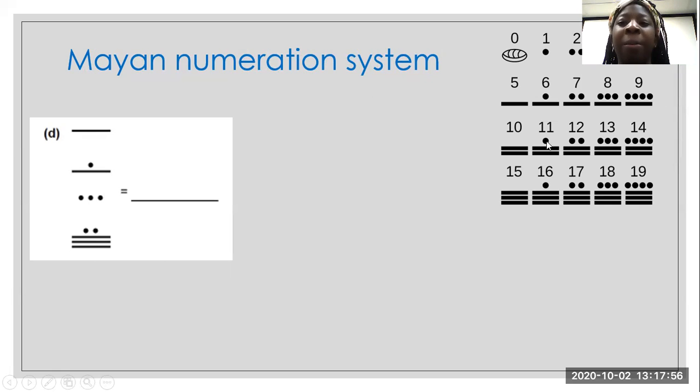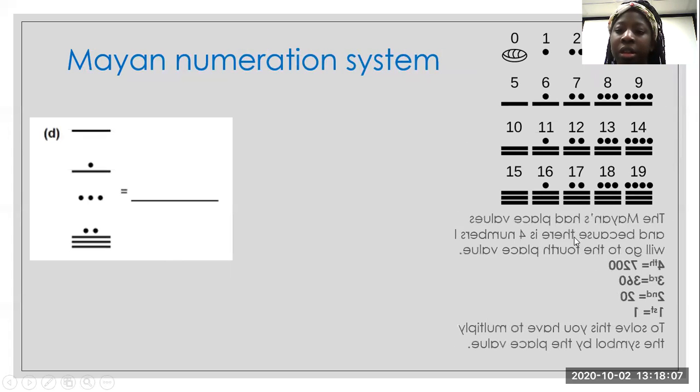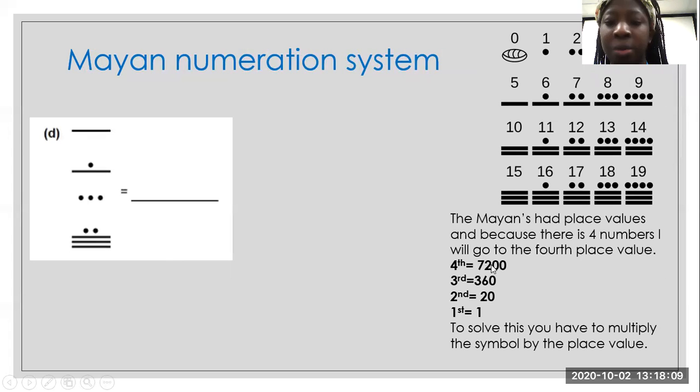We actually have to multiply it by the place value and then add all of them together. Because it only goes to four values, I only went to the fourth one. So our fourth place value is 7,200. Our third is 360. Our second is 20, and our first is 1.